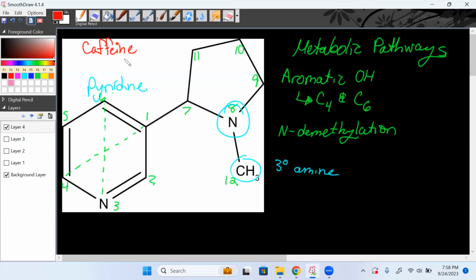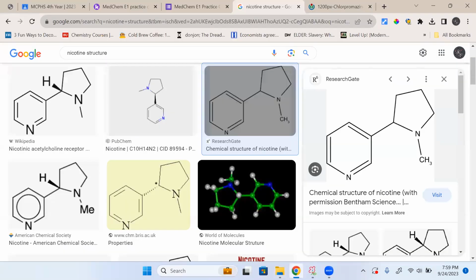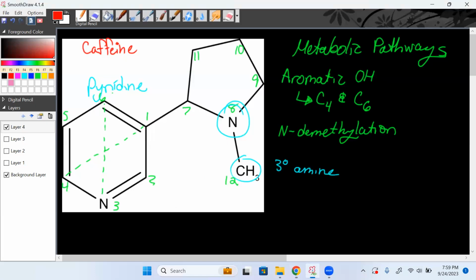This is one of those times where it is just straight memorization, unfortunately. Oh, did I say nicotine or caffeine? Oh, my bad. Nope, this is nicotine. Me not paying attention. Not caffeine.